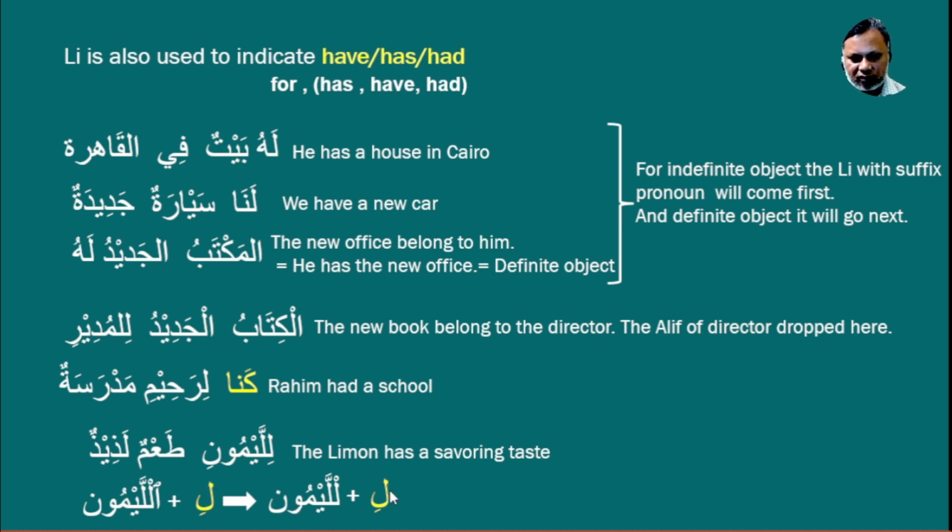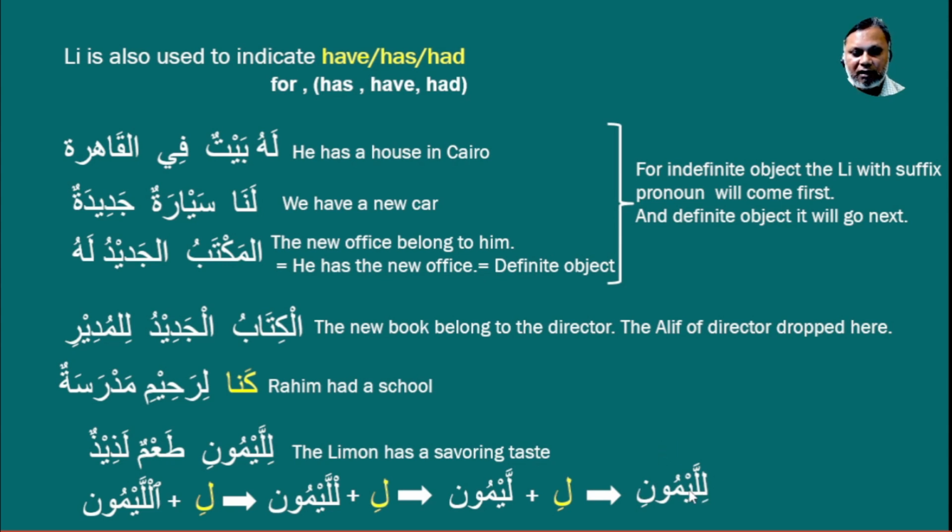Now if we want to attach this li with this, what will be the pronunciation? Lilla, so it is difficult to spell. That's why this lam with sukun also drops out. So the remaining is the lam with shadda. And now we can attach this li. Then it will become lil laimuni.